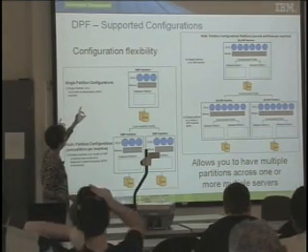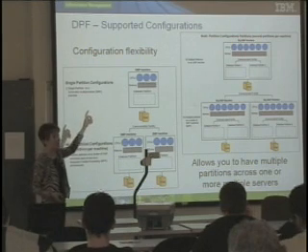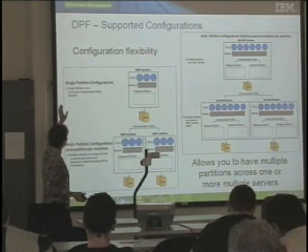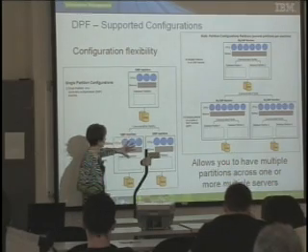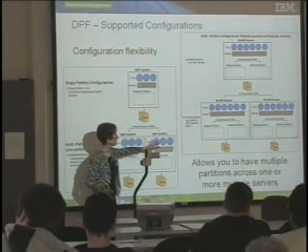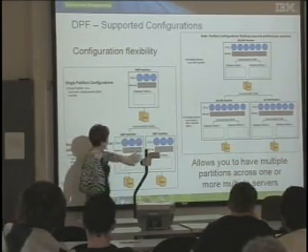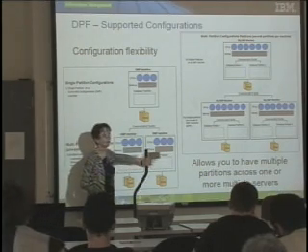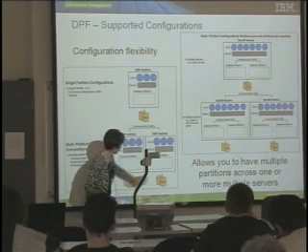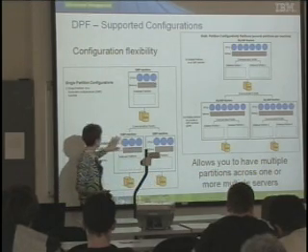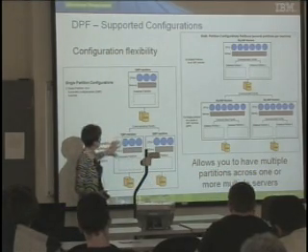DPF, or data partitioning facility, is database partitioning. So you've got a database that is on two machines. This is a machine, this is a machine. Your data is split between these two machines through hashing. Each machine has its own disk. And each machine has its own CPU and its own memory.